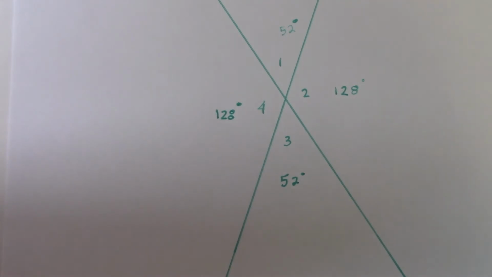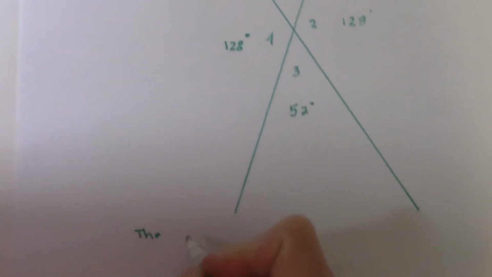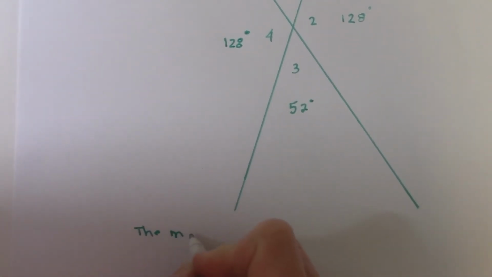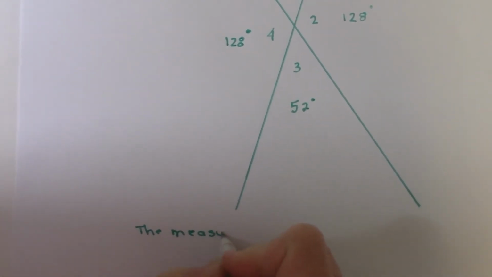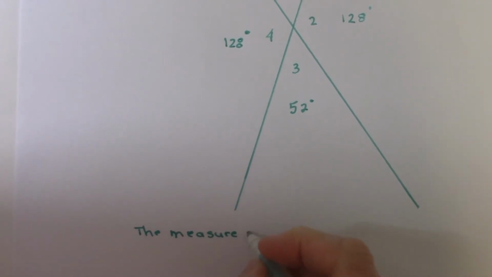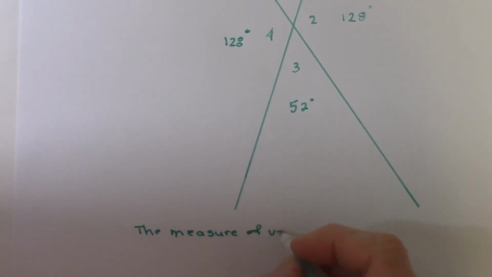So we can write as a conjecture that the measures of vertical angles are congruent.